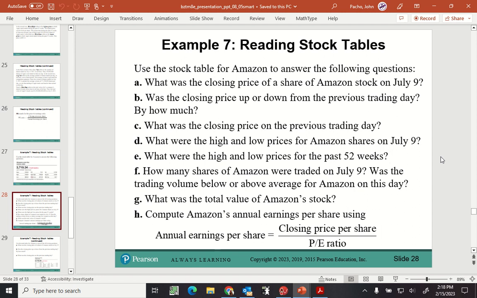Option E. What were the high and low prices for the past 52 weeks? High and lows for the past 52 weeks. We're filling this in on our notes right now. Yeah, the highs and lows, high and low right there. F. How many shares of Amazon were traded on July 9th?